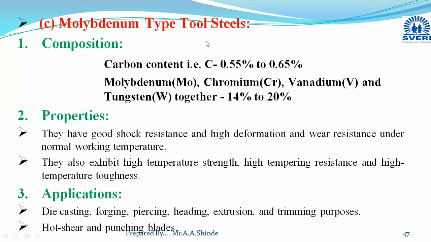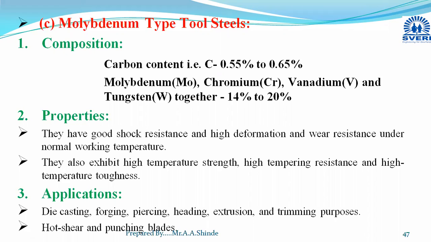They will provide you high strength. They also exhibit high strength at elevated temperatures, their toughness will be high at higher temperatures also, and their resistance to tempering is very high. So these are some characteristics or properties of molybdenum type tool steels.